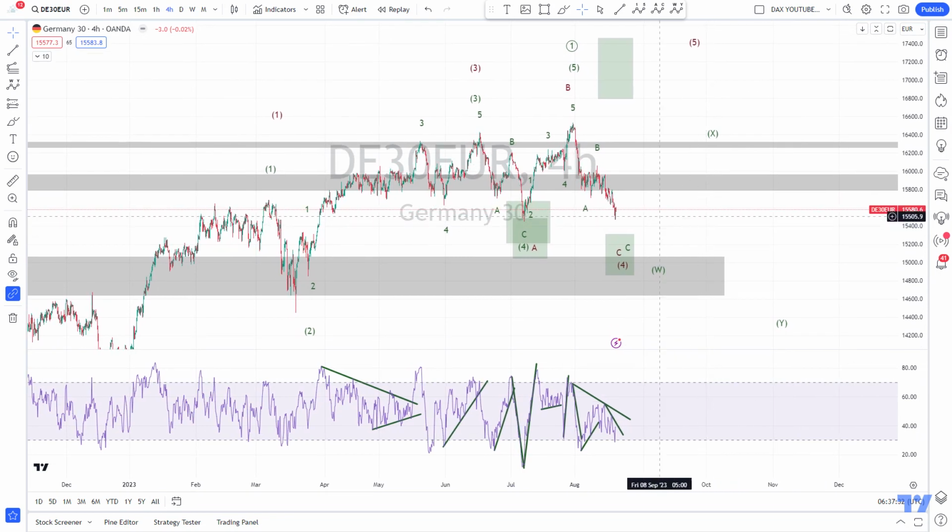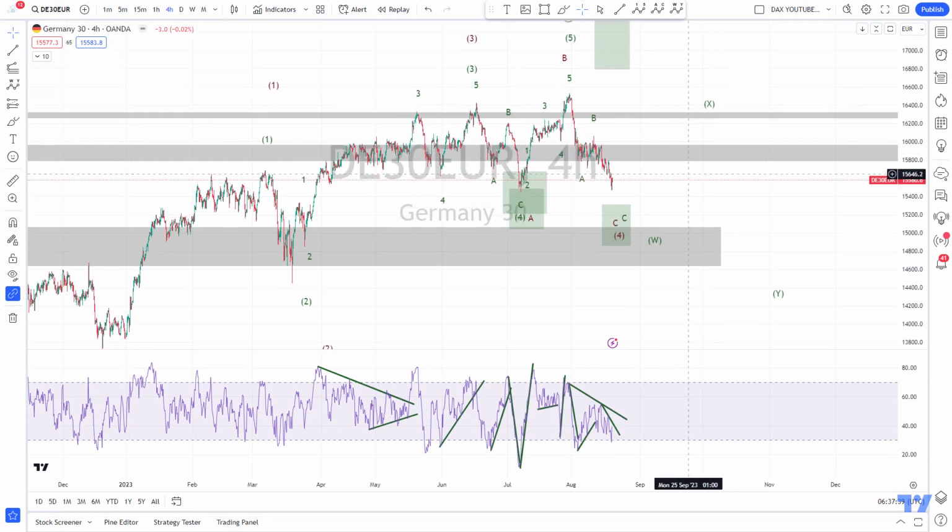But of course, if we see that this becomes something very impulsive to the downside, then it can also be that this is a 1, 2, 3, 4, 5, wave A to the downside, wave B up, wave C to the downside. But for now, if this area holds here, I would put a WXY correction, but this can also become an ABC.